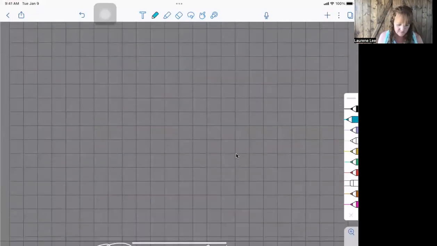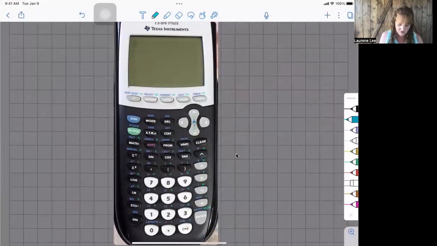You're going to go up, if you're on a TI, you're going to go second function, distribution right there. You'll get a square that says distribution, and your first option is normal PDF.